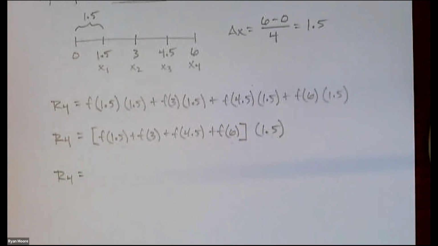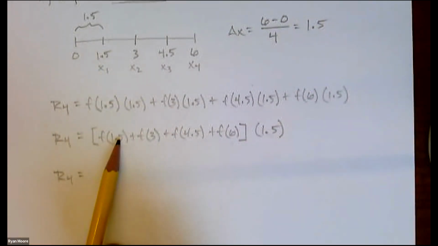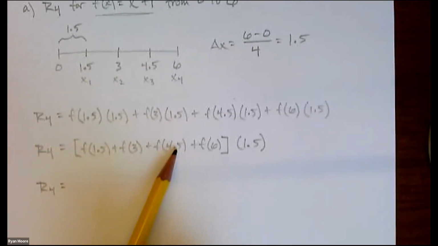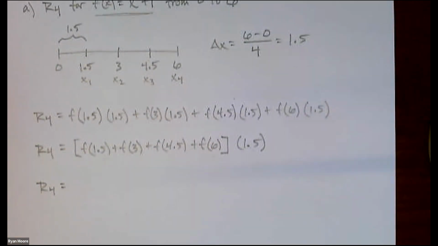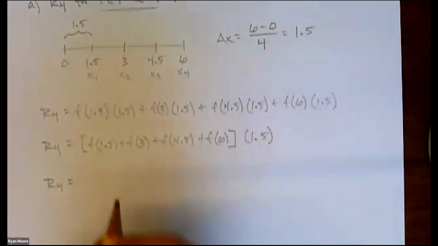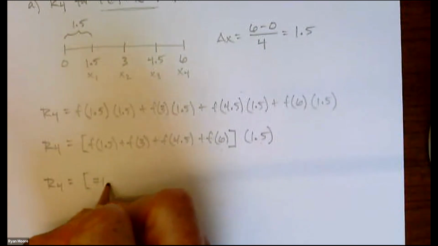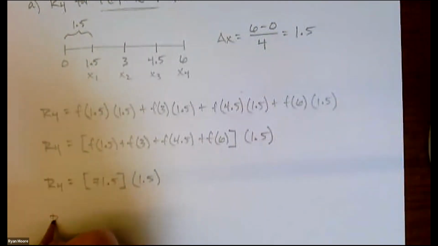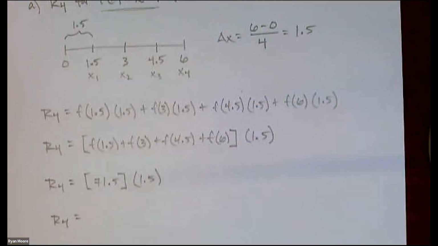Don't do them one at a time and then record them all. Just say 1.5 squared plus 1 plus 3 squared plus 1, and so on. So I got all of those heights to be 71.5, but then still multiply by 1.5.